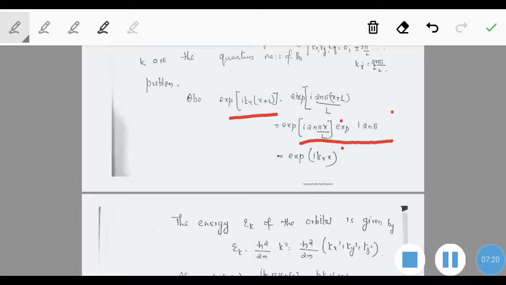Exponential i 2n pi is equal to cos 2n pi plus i sin 2n pi, so this is nothing but 1. So this becomes the same expression as that of psi k of r, that is exponential i kx into x. So we can say that the given wave function satisfies all the boundary conditions imposed on psi.